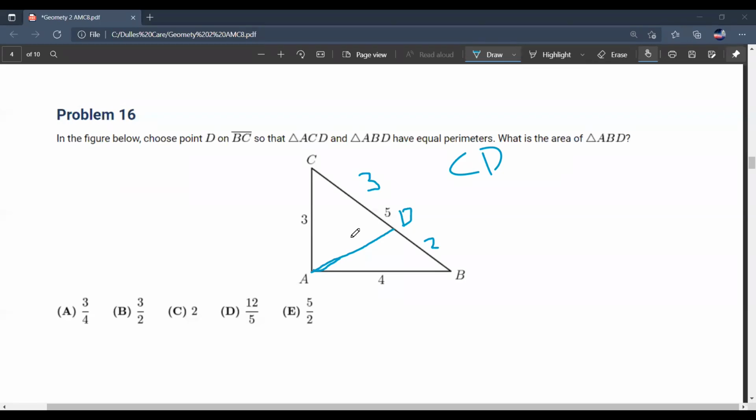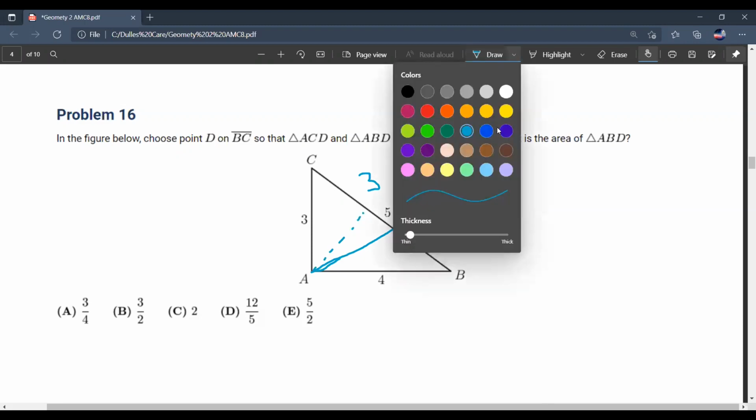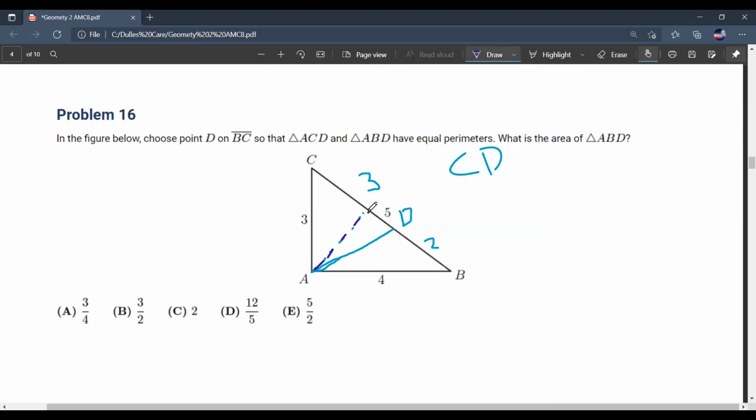So how do we find this area? Well, we know DB, right? So if we can find the height, then we're basically done, right? So let me just draw something like this. We have the base, we want to find the height, and then we're done with the problem, right? So think about what I said last time. So let's call this height h.